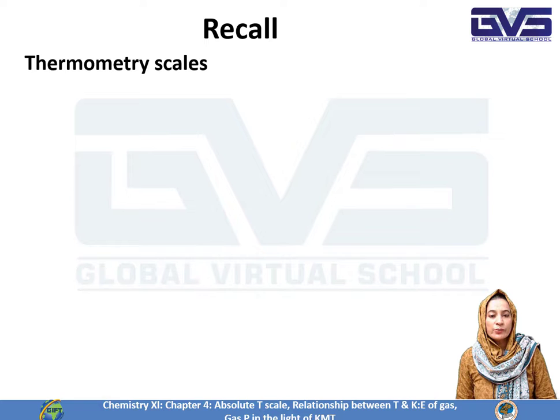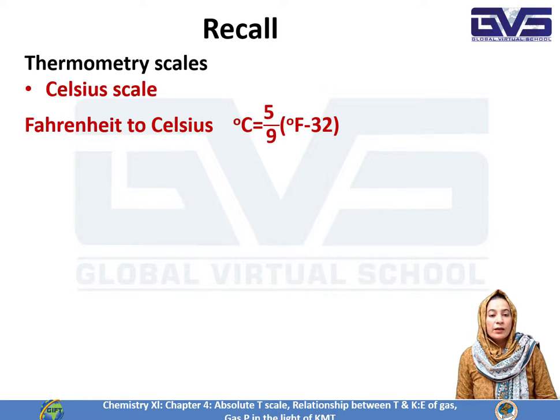So just to recall the thermometric scales. You are quite familiar with the Celsius scale and the Fahrenheit scale, and a third one, the Kelvin scale. First, the Celsius scale is represented by C naught, and wherever this C naught appears, it means the temperature is in Celsius. I will tell you with reference to water, ice or liquid.